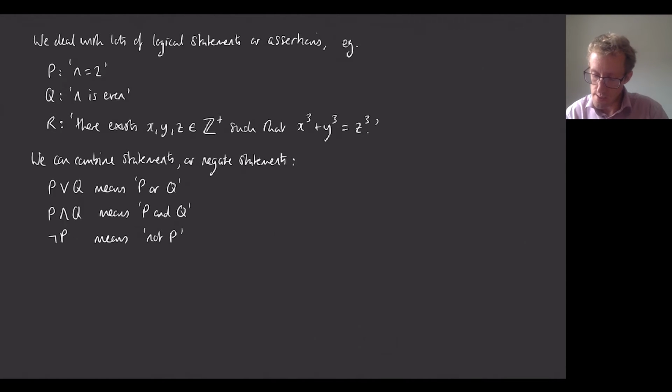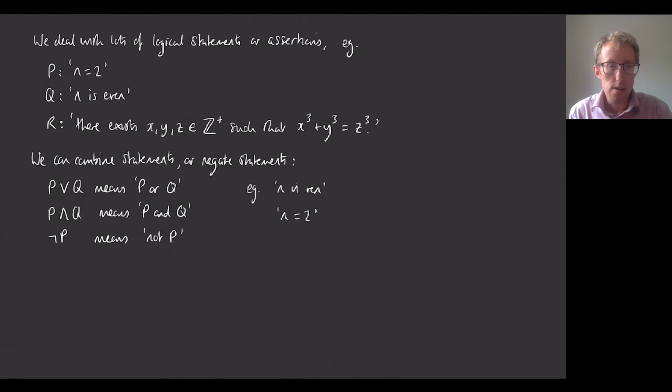So let me just go through these in these examples. So P or Q, when P and Q are defined as they are here, well, that would actually be equivalent in this case just to n being even. P and Q, well, that would be equivalent to n is equal to 2, if both P and Q have to be true.